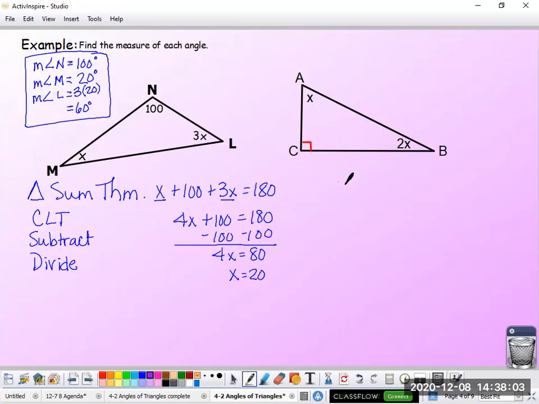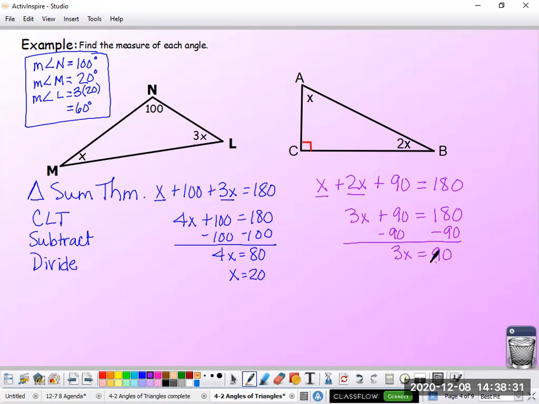Triangle sum theorem. x plus 2x plus 90 equals 180. Combine your like terms. 3x plus 90 equals 180. Subtract the 90. And we have 3x equals 90. A little dividing by 3.